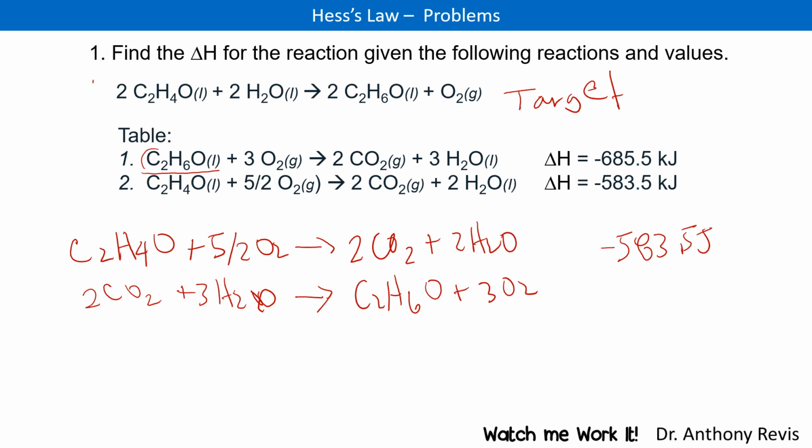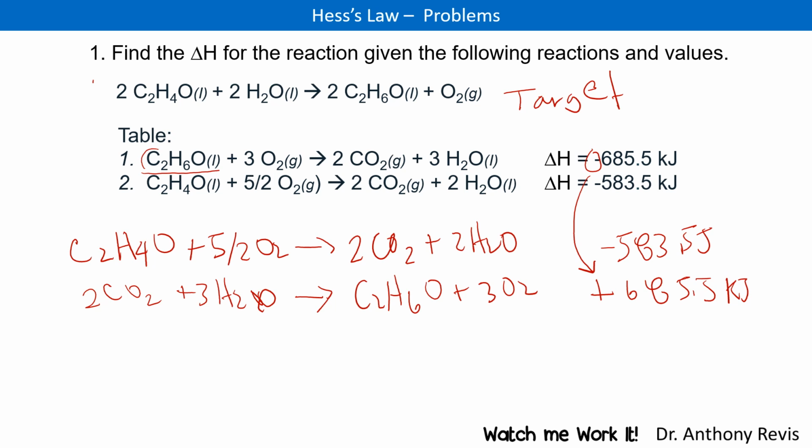All right, exactly what I see. Now, since I flipped that equation, I have to change the sign. So now that sign is going to be positive. It was a negative. Now it becomes a positive, so it becomes 685.5 kilojoules.